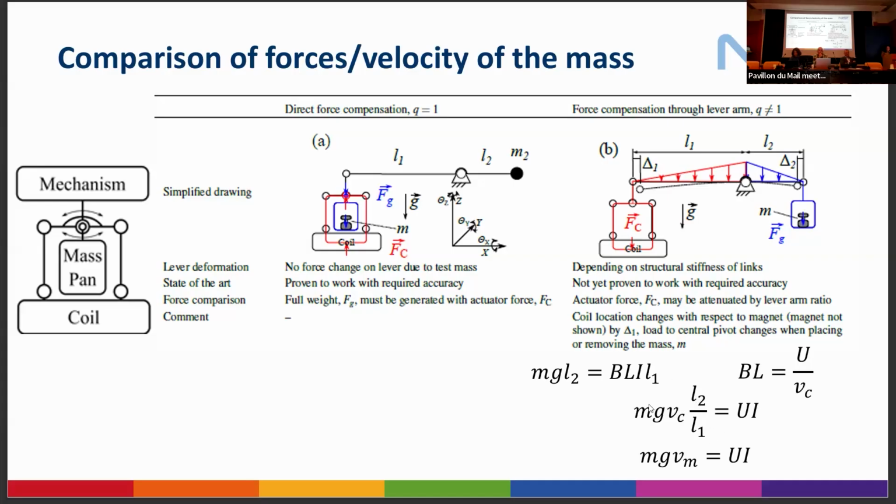And this velocity here is the velocity of the mass. But because we have L2 equal to L1 in the Kibble balance, and we have those double flexures, then the velocity of the mass is equal to the velocity of the coil.